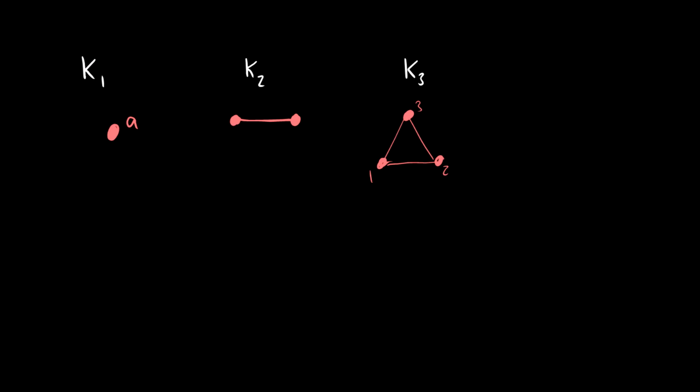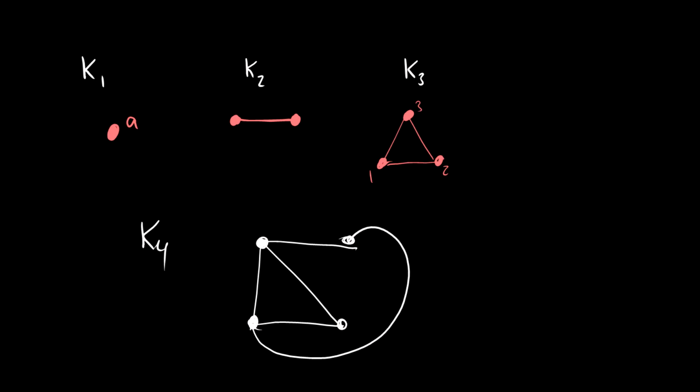Let's take a look at K4. Okay, we have four vertices here. So this top left one has to be connected to bottom left, bottom right, and top right. Bottom left has to be connected directly to all other vertices. So we can do this here, and let's loop this around.